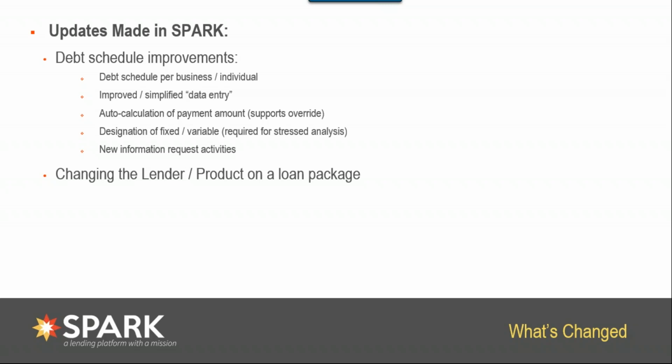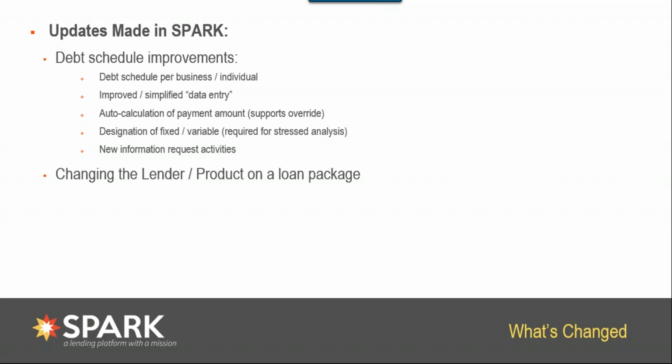We've now also allowed you to change the lender product relationship on a package. Before, if you were a multi-lender provider that also had multiple products, you could associate any product with any lender. What has happened in the past is occasionally you would associate a product to a lender that is not supporting that product.